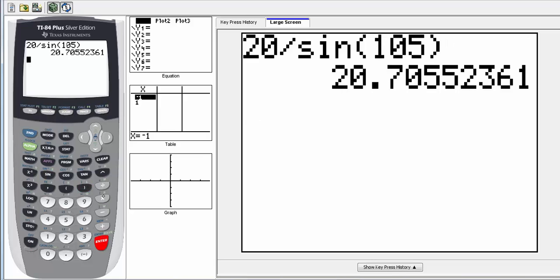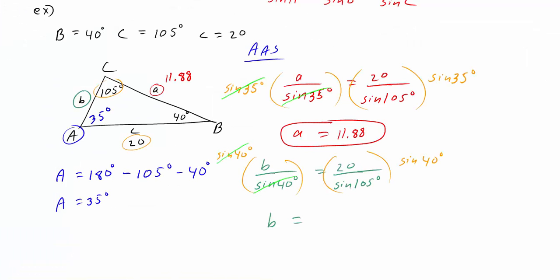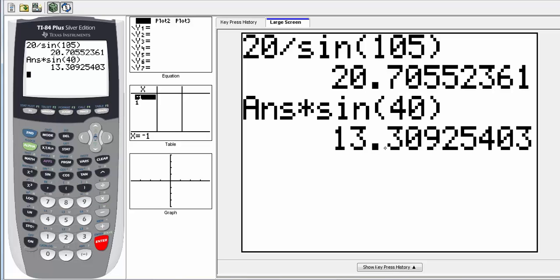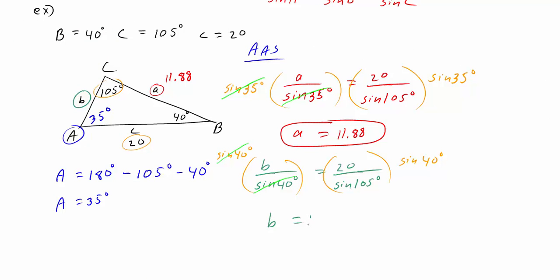And then we would simply multiply that by the sine of our 40 degrees. And we get 13.31. So there we have found the remaining sides of our triangle.